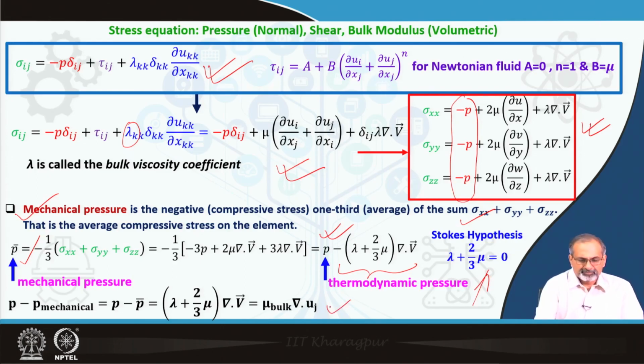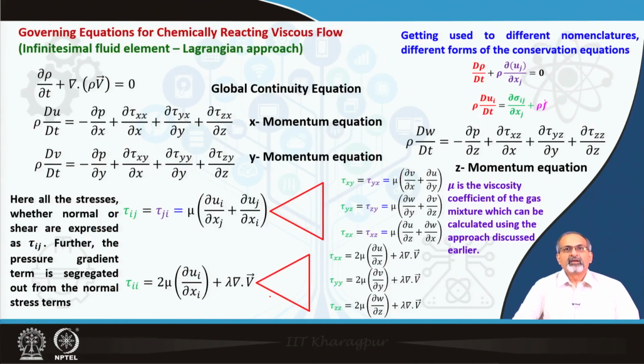And the difference between P and P mechanical can be expressed in terms of the bulk viscosity and the divergence of the velocity field.